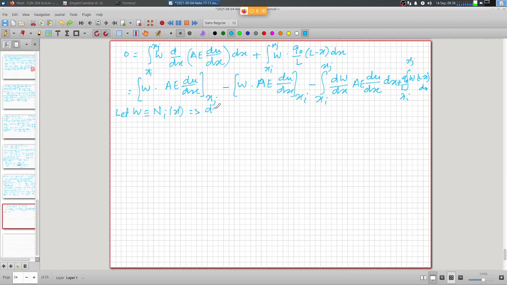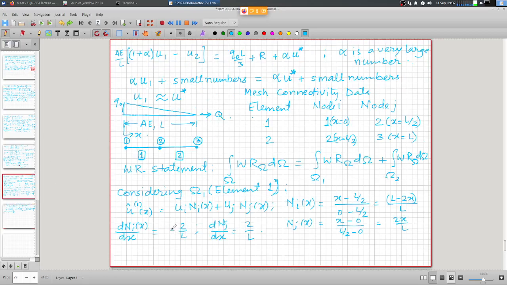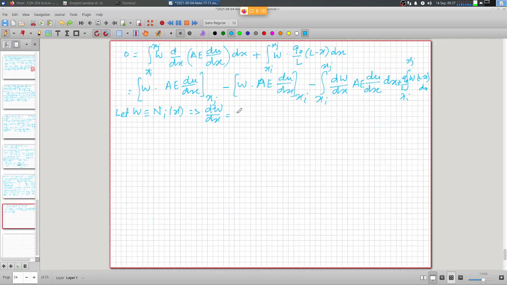Then dw by dx will be equal to minus 2 by L. Ni will evaluate to 0 at x is equal to xj, so this term will vanish. Ni will evaluate to unity at x is equal to xi, so this term will remain.